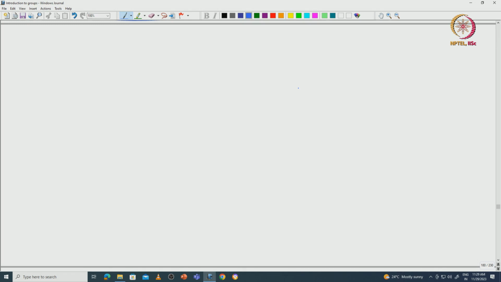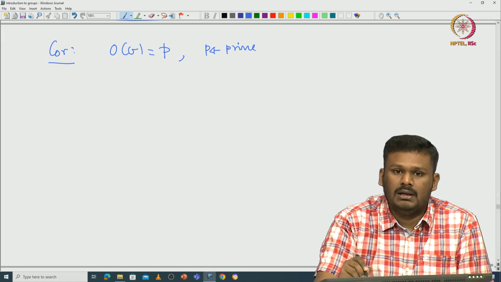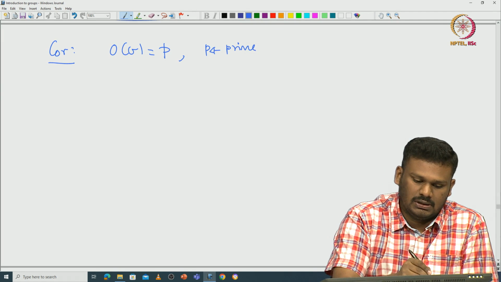I will first start with one particular corollary, which is immediate. Suppose your group has prime order. Let us start with a finite group G, and let us say the order of this group is prime, which we denote by p. Then what is the conclusion?